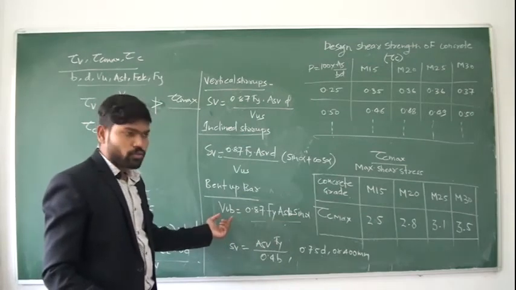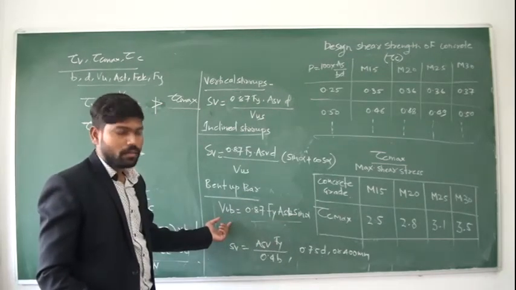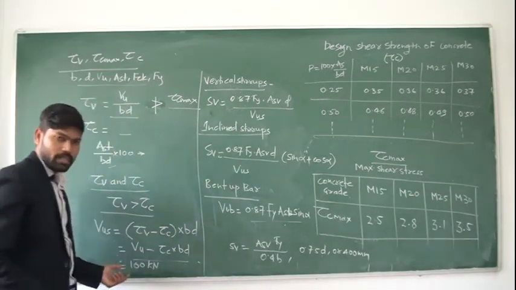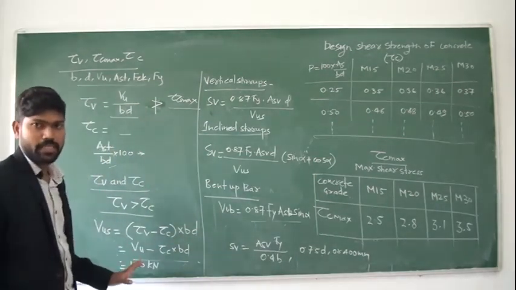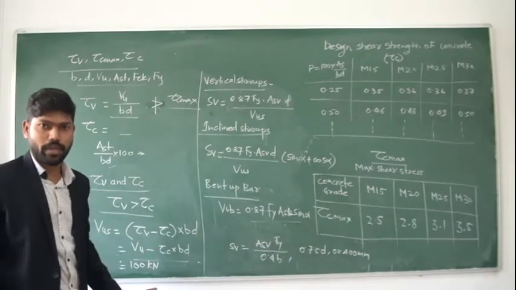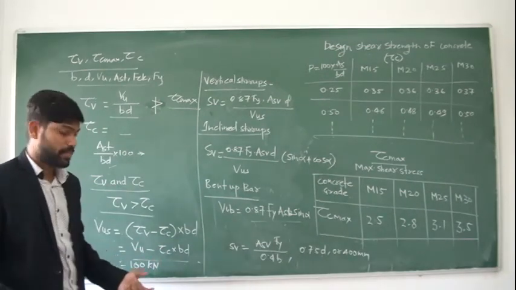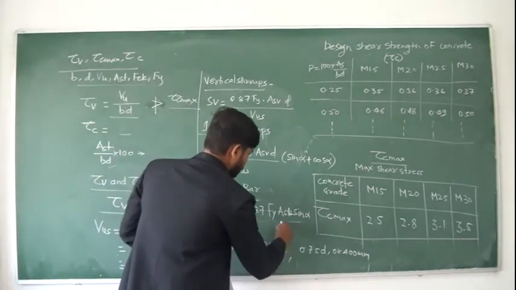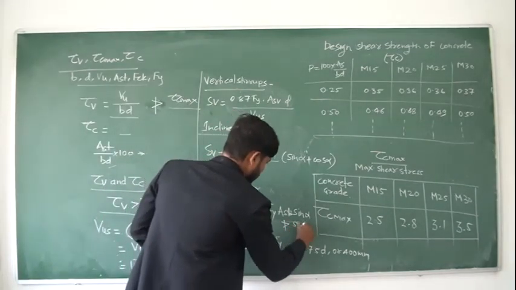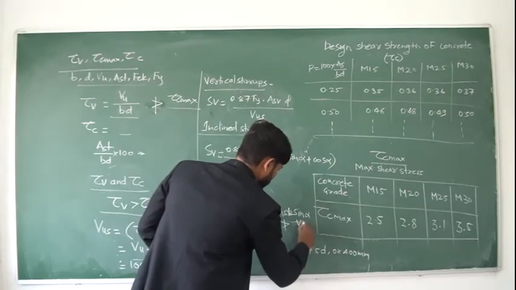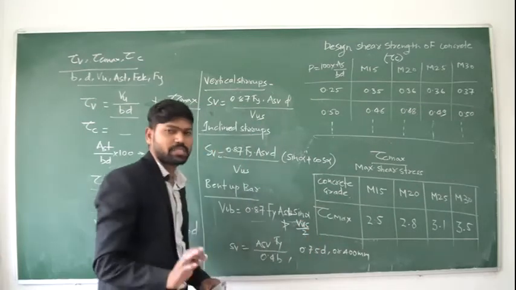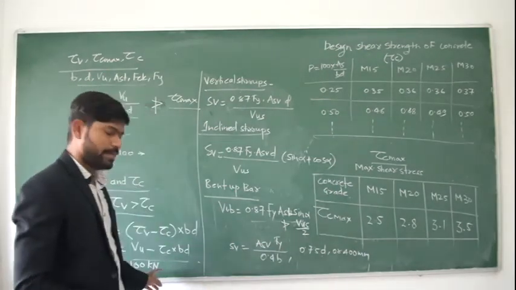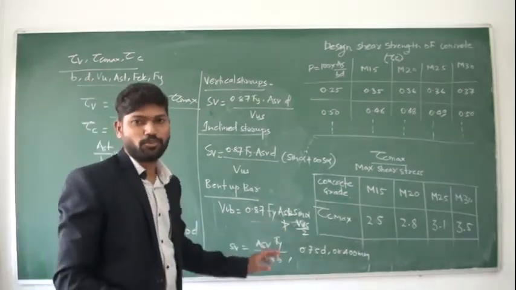Once you calculate this VUB, you have to check whether it is more than 50% or less than 50%. If it is less than 50%, it is okay. If it is more than 50%, then you have to take it as maximum up to 50%. Means if it is, let us say, 55, you will take it as 50 kilonewton.